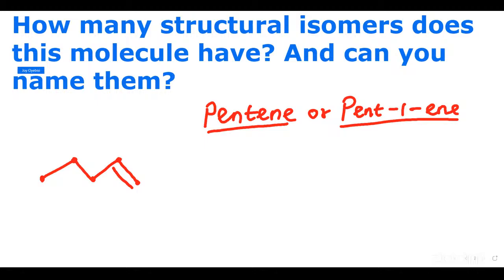Just to recap a bit, the last one we did, we focused on just the positional isomer. So we were just looking at where the double bond can move to and form an isomer. For this particular one, we're looking at how many structural isomers.